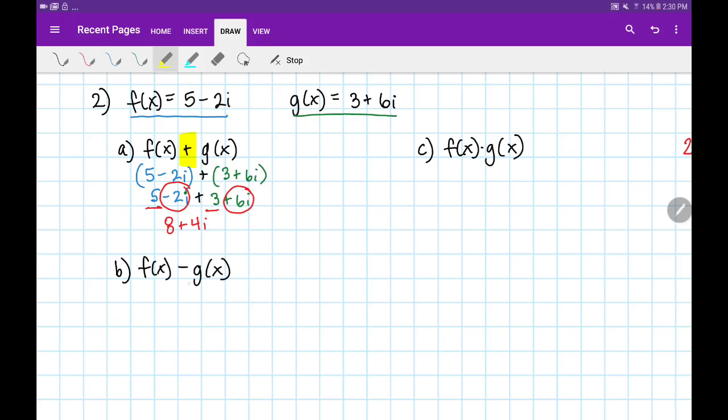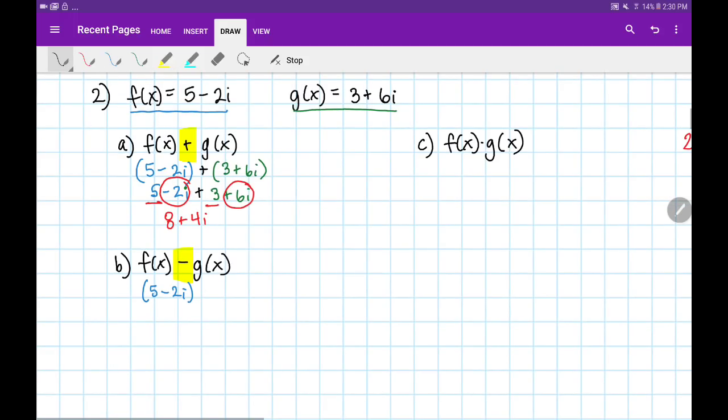In letter B, it's asking me to subtract. So I'm going to use my parentheses like always. So f of x is 5 minus 2i, and I'm asked to minus g of x. That's 3 plus 6i. Now in this case, I don't just bring the parentheses down. It's important that we notice why it's useful here.